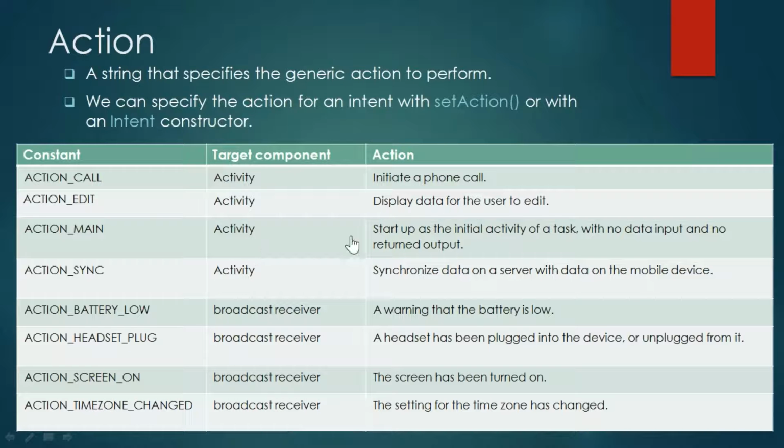Action main is also an activity target component, which starts up as an initial activity of the task with no data input and no return output. Action sync, we mostly look at in terms of syncing a contact, such as Gmail or Facebook. Action battery low belongs to a broadcast receiver, because it is a notification to the user that the battery is low. So that is a warning that the battery is low.